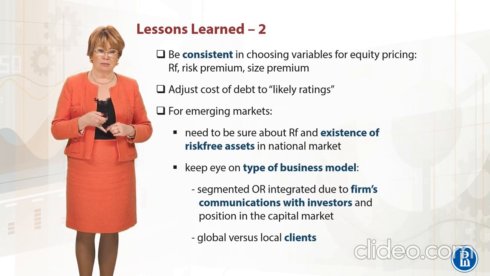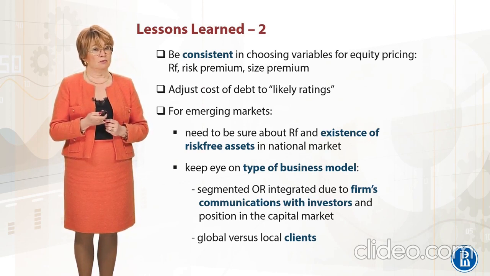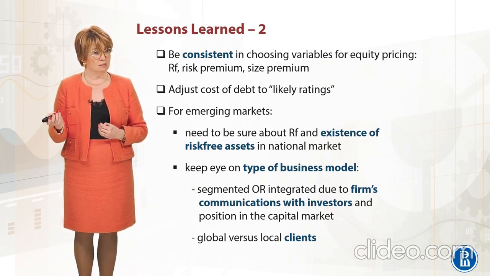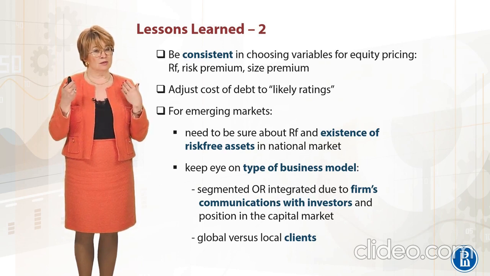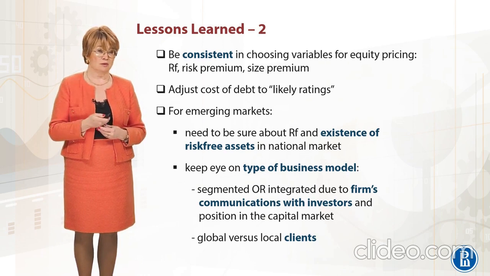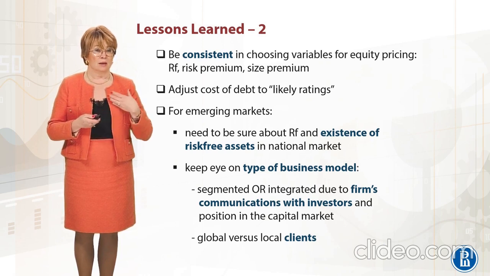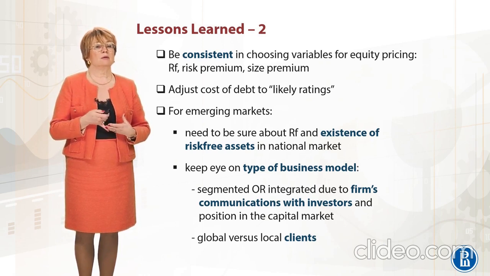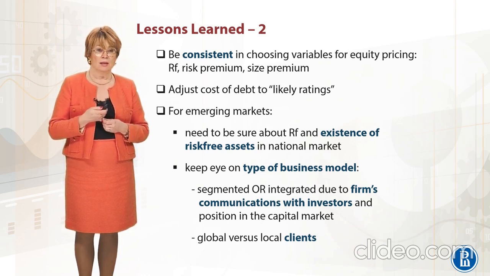As for emerging capital markets, we also discussed the complicated story behind the problem of the risk-free asset in the national local market, especially a segmented emerging capital market, and the need to understand the specifics of some business models even in a segmented capital market, and the opportunity to apply an integrated approach even when the company is in a segmented emerging capital market.